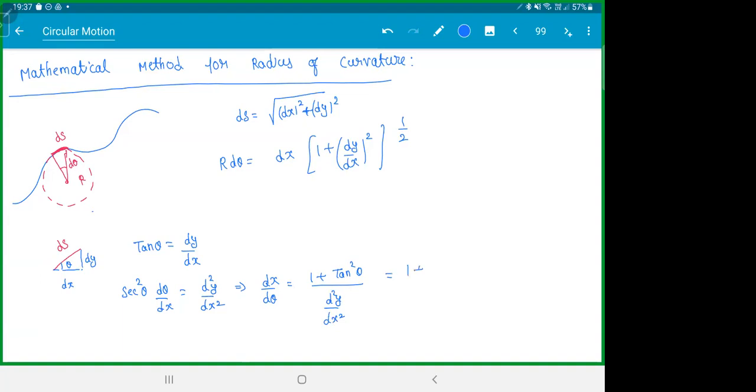Tan square theta is nothing but dy by dx whole square. Take this and substitute here. We get r is equal to 1 plus dy by dx whole square to the power of 3 by 2, by d square y by dx square. Again, the derivation is not really that important. So basically I need to substitute here.